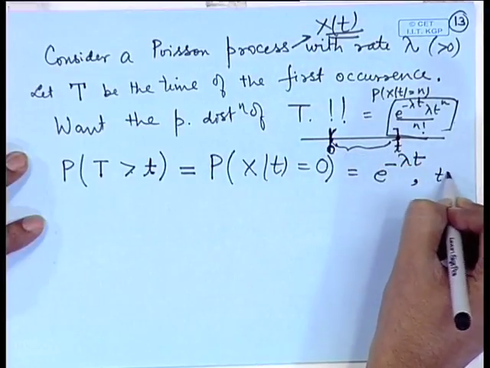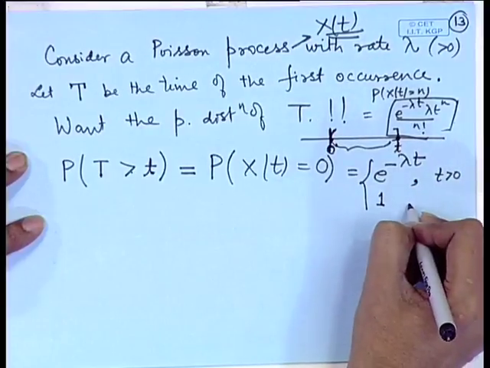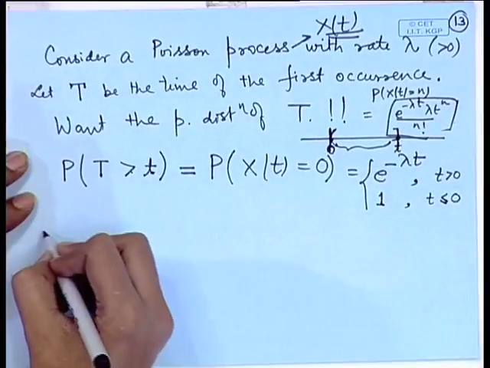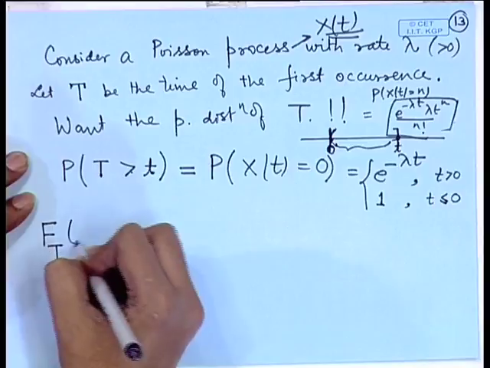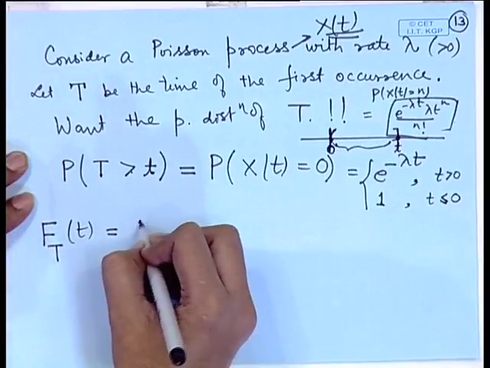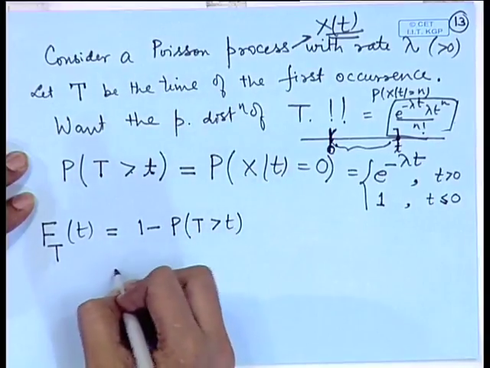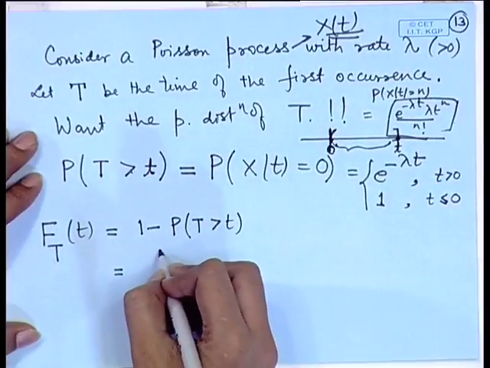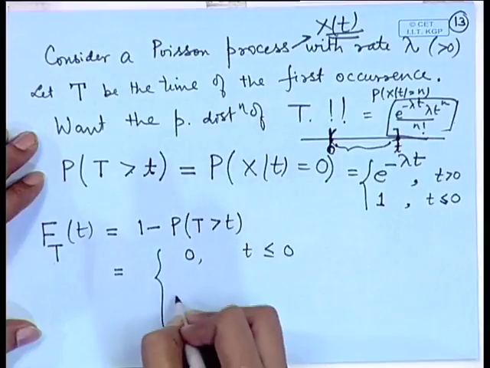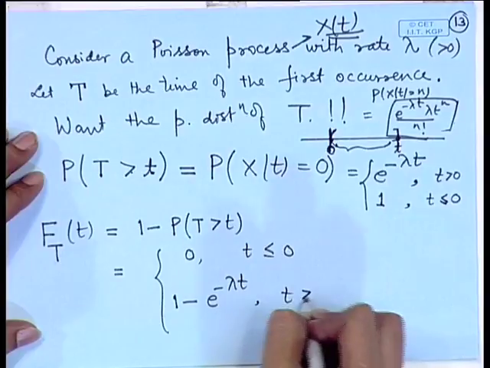This probability will be 1 if t is less than or equal to 0. So, if we consider the cumulative distribution function of T, that is capital F of t, it is 1 minus probability of T greater than t. From this derivation it is equal to 0 for t less than or equal to 0, and it is 1 minus e to the power minus lambda t for t greater than 0.